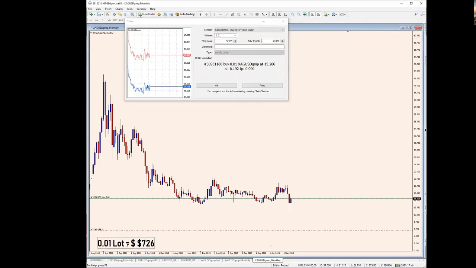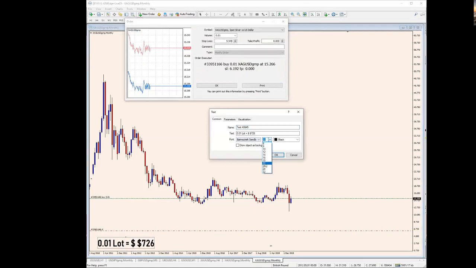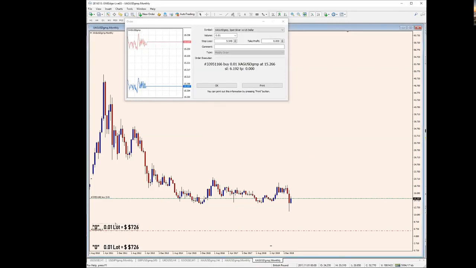Let me mark this one. Ground zero at 0 requires $726. At $5, it requires $450.